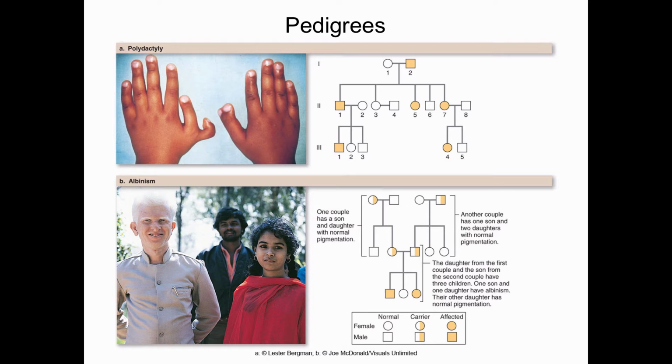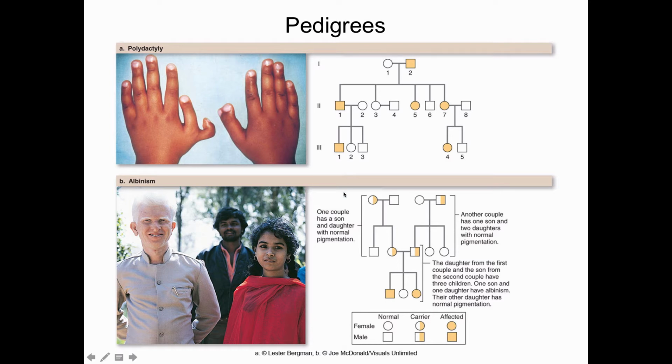And we could have 2 dominant alleles, or 2 recessive alleles, in which case we would call that homozygous dominant for the dominant alleles, homozygous recessive for the recessive alleles, or heterozygous for one of each. So in this case, the carriers are heterozygotes, meaning they have a dominant gene and they carry the recessive gene. But in order to be an albino, you have to have inherited 2 recessive genes for that condition.